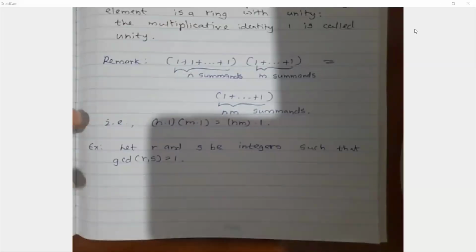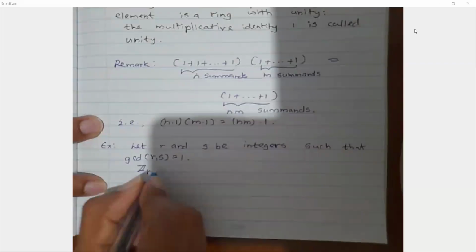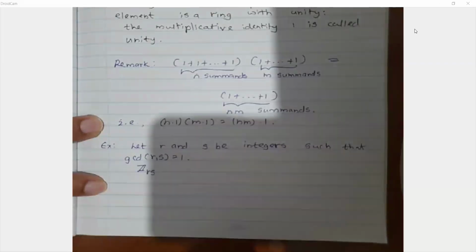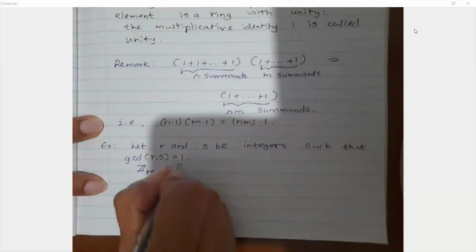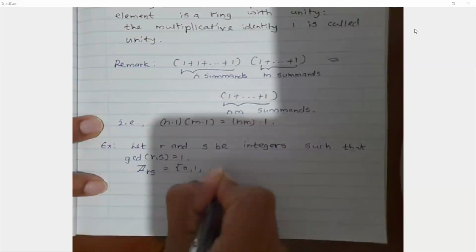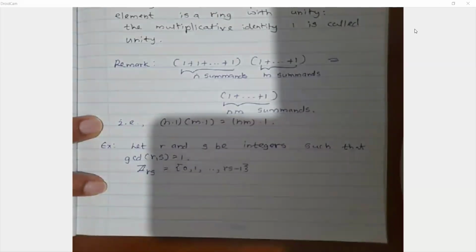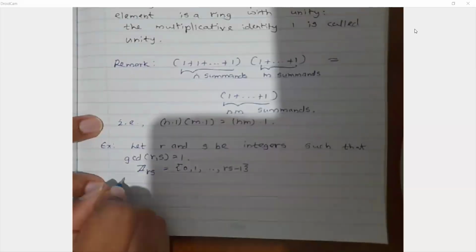Then we know that Z sub RS, which contains RS elements, 0, 1, 2 up to RS minus 1. For example, Z5 would contain elements 0, 1, 2, 3, 4. So Z of RS contains these elements.